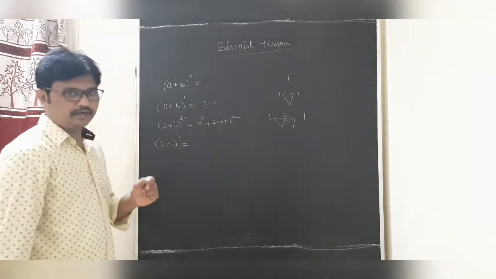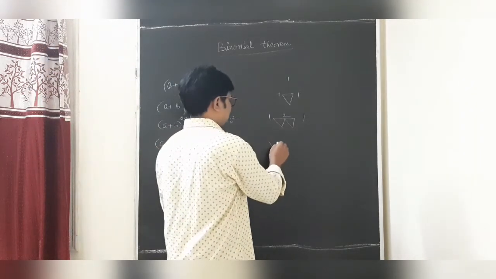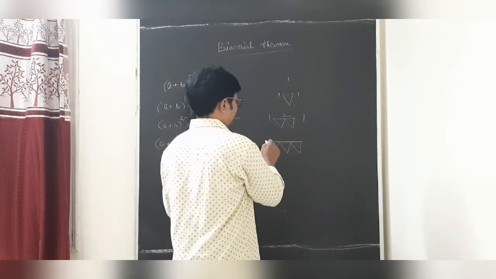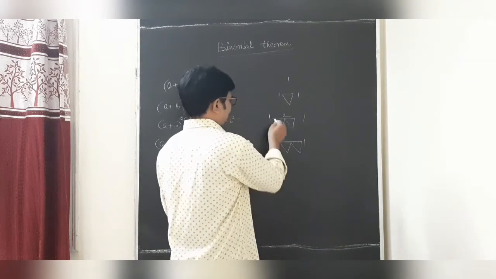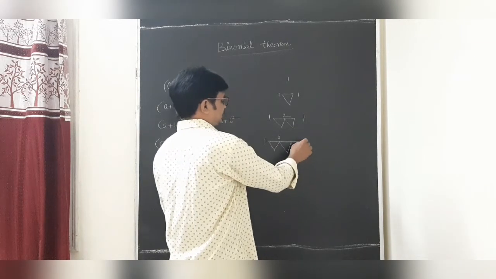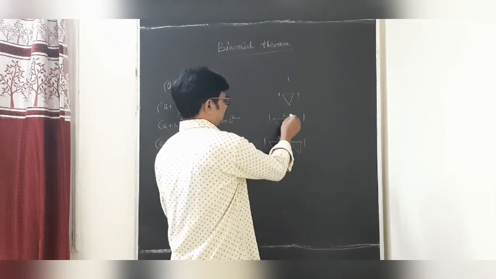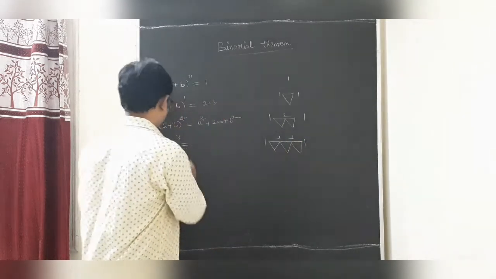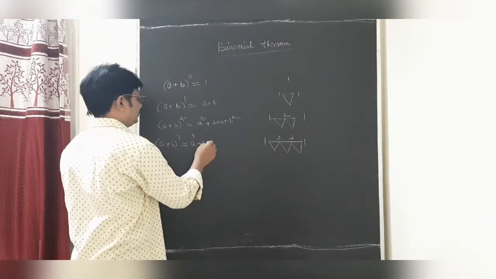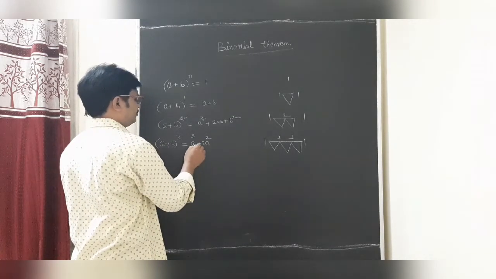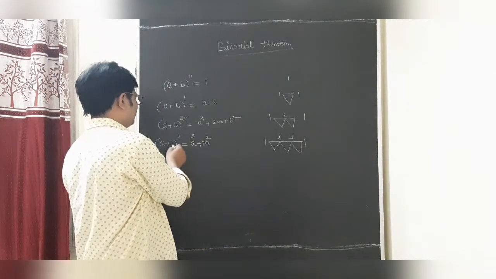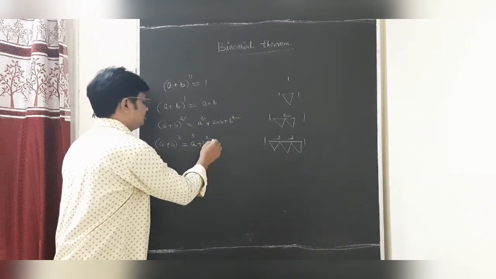For a plus b whole cube, right now we are taking 3 triangles. This is Pascal's triangle method. 1 and 1, 1 plus 2 is 3. First you take 1 and the last coefficient is also 1. 1 plus 2 is 3, and 2 plus 1 is 3. First you begin with a cube, then 3a square b. In the first term the index is decreasing by 1, and b is not there at first, now that is b.